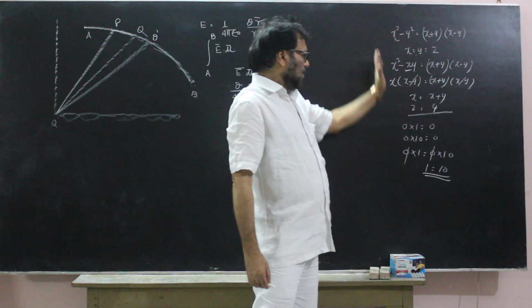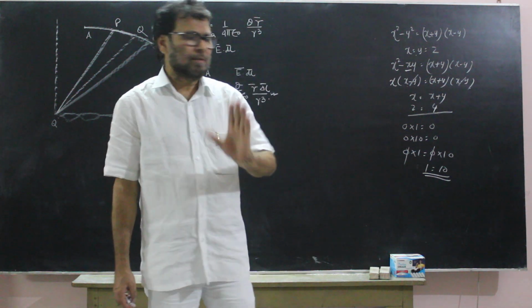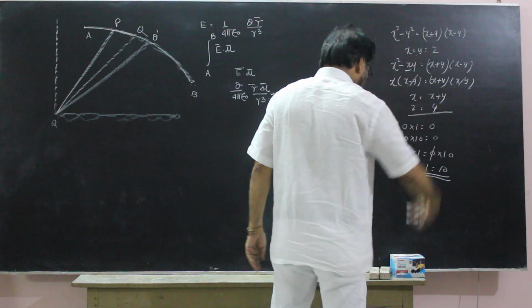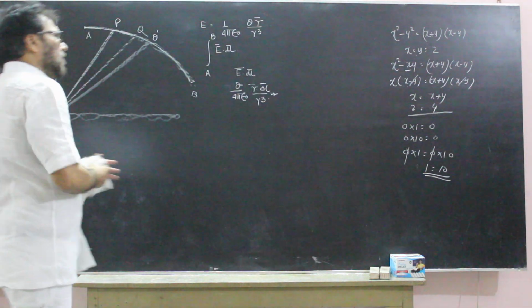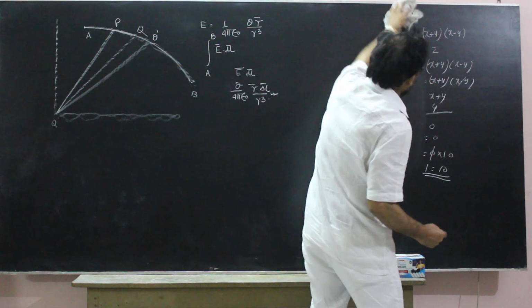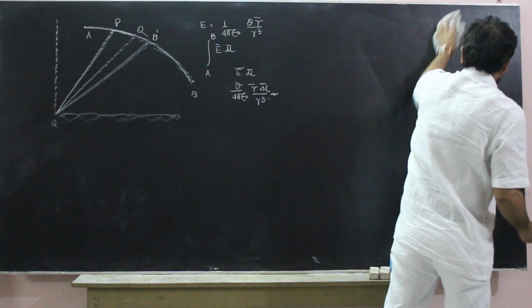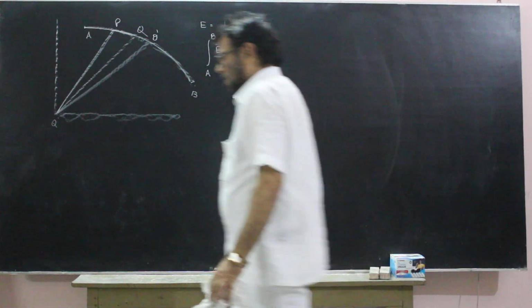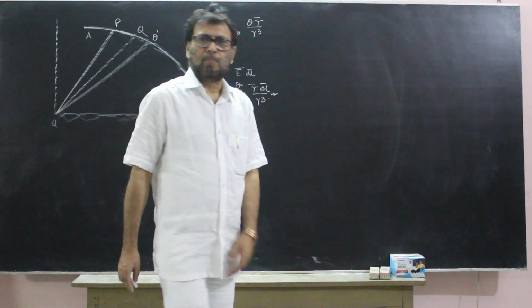So from this result हम लोग कह सकते हैं कि division by 0 is not permissible in mathematics. Mathematics में 0 से हम divide नहीं कर सकते हैं. Otherwise we will get an absurd result. Division by 0 is not permissible.